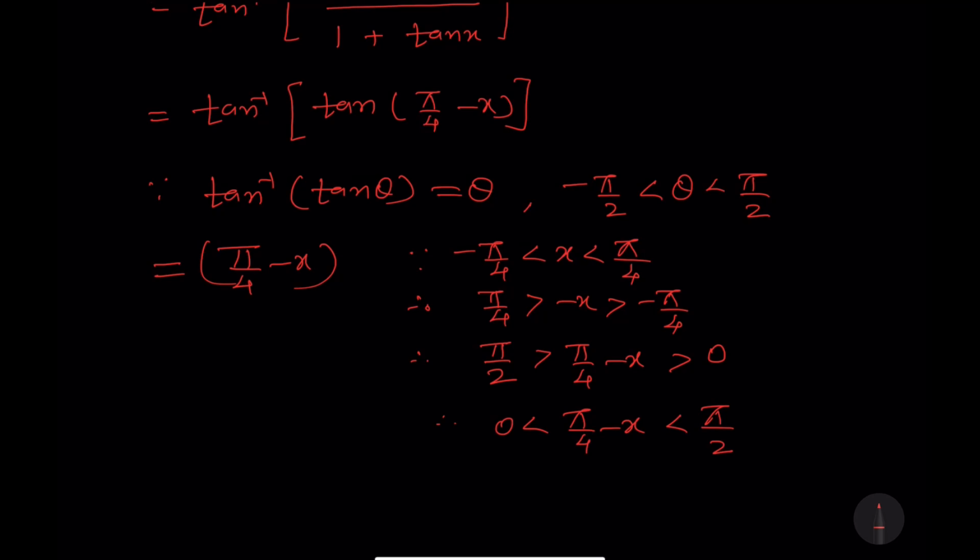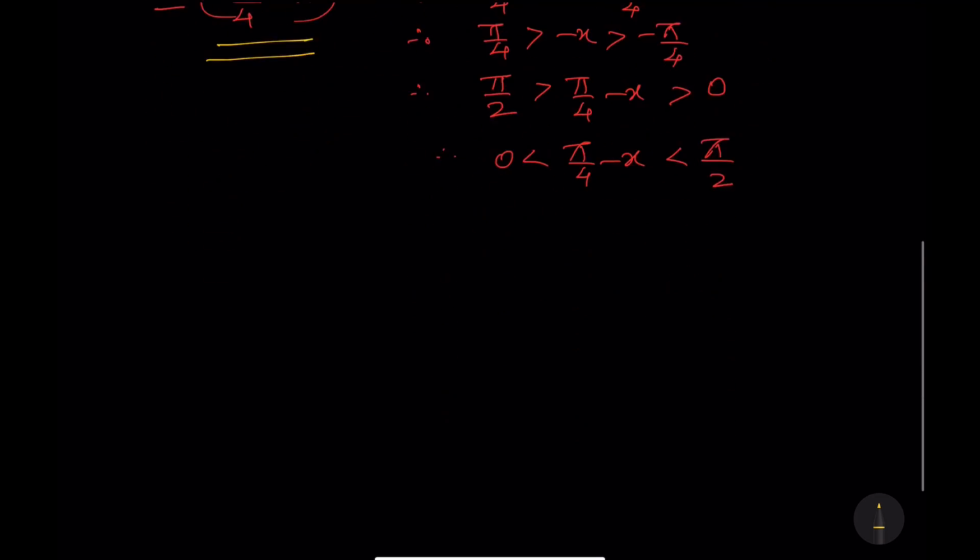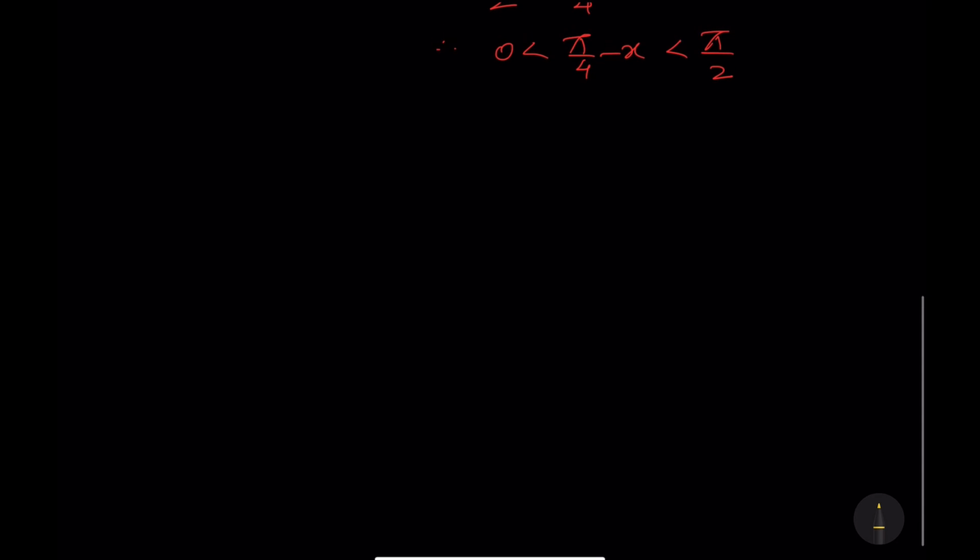So this satisfies the condition. Therefore, we can easily replace tan inverse of tan (pi by 4 minus x) with pi by 4 minus x. So our simplified form is pi by 4 minus x. Fine. Okay, let's proceed with the next one.